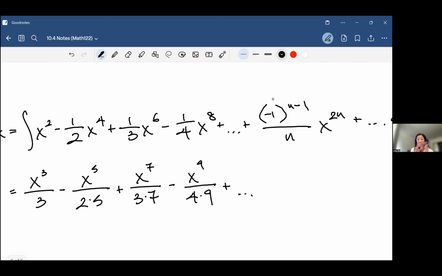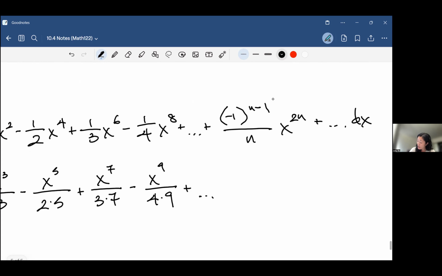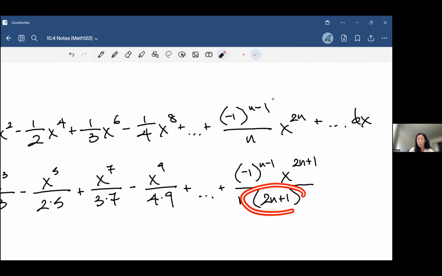Okay, so write enough until you can figure out that pattern. And then we have our alternating signs. There is an n on the bottom, but there's also a 2n plus 1 because I'm adding 1 to the power that I have, okay? So this 2n plus 1 is because I'm taking my power and I'm bringing it down below, okay? And then I know that there's a plus c.